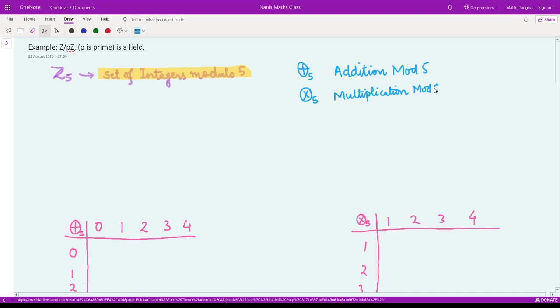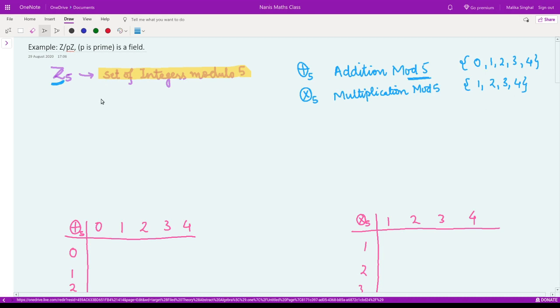So here we are given the set of integers, and we are given mod 5. Particularly, the set for addition would be the set consisting of 0, 1, 2, 3 and 4, and for multiplication 0 is not considered, so the set becomes 1, 2, 3 and 4. And how are these operations applied?